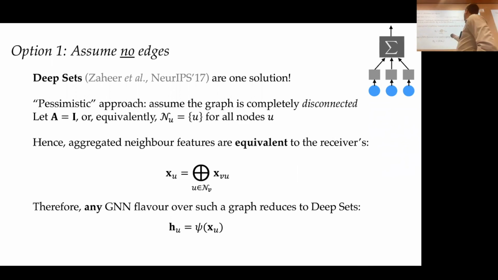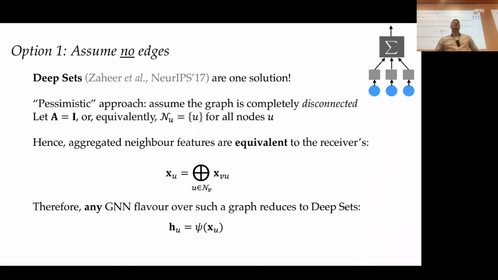And that's kind of equivalent, if you look at the equations of deep sets, to assuming that your adjacency matrix is the identity, or equivalently that the neighborhood of a node is just the node itself. And what this means is that any aggregation you do inside the equations of a GNN is equivalent to just pulling out the receiver node's features. And therefore, any graph neural network, convolutional, attentional, or message passing over a graph like this reduces to this equation, which, as you know, is the equivariant part of deep sets.